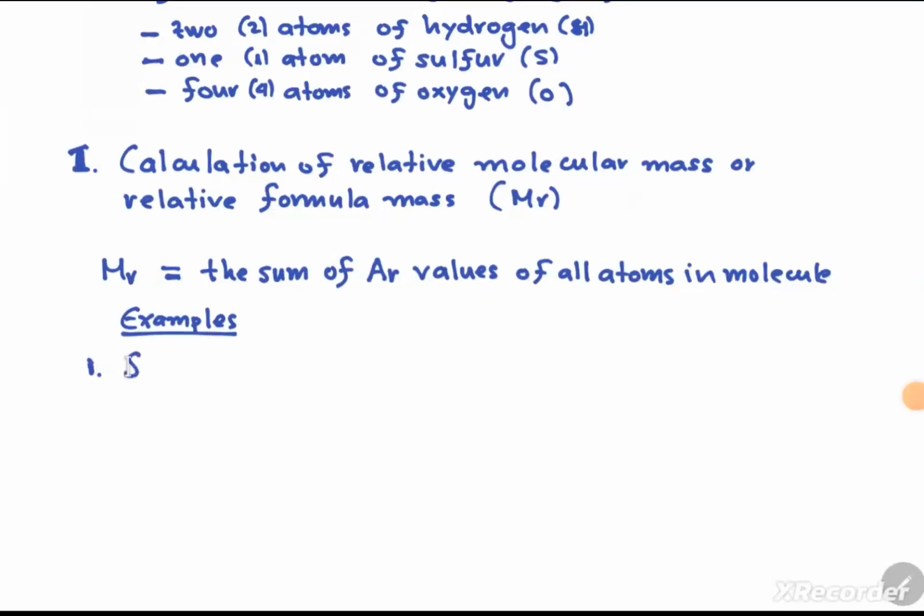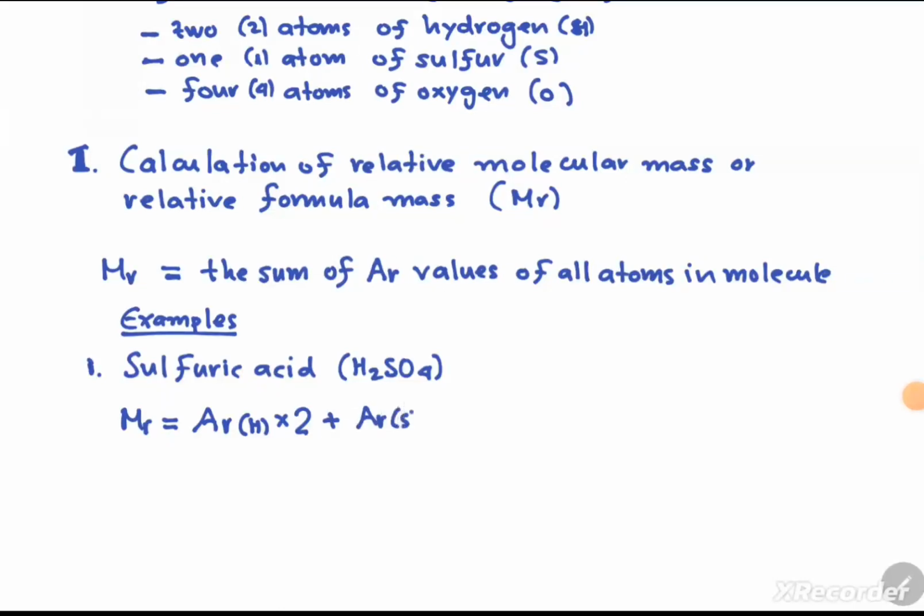1. For sulfuric acid, with formula H2SO4, MR is equal to AR of hydrogen times 2, the number of atoms of hydrogen in the molecule, plus AR of sulfur times 1 plus AR of oxygen times 4.